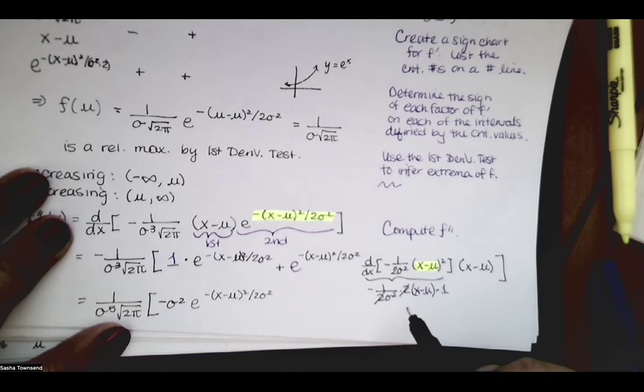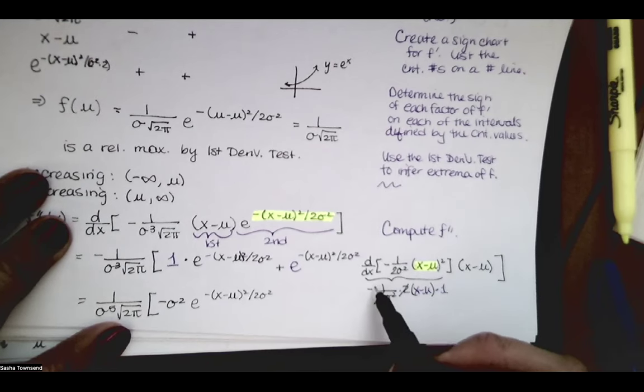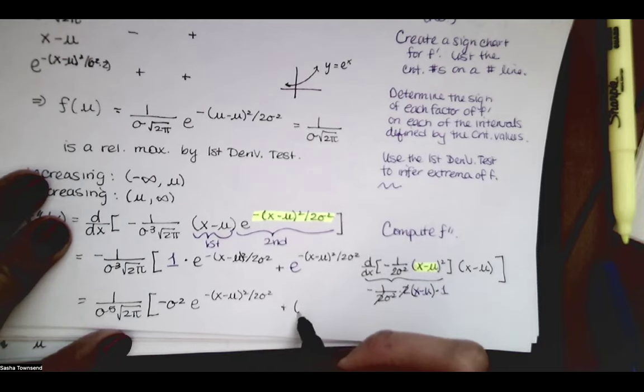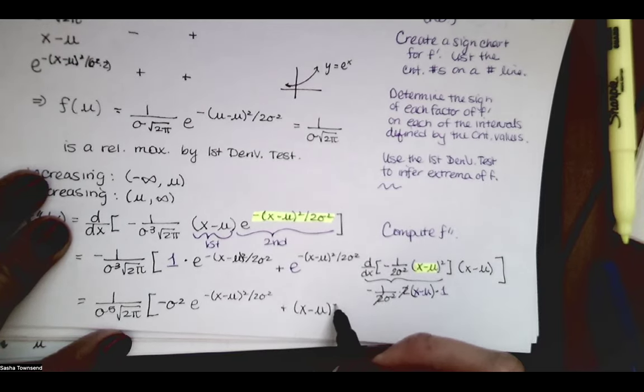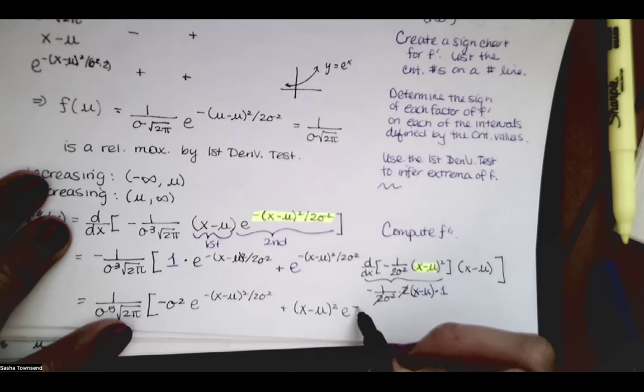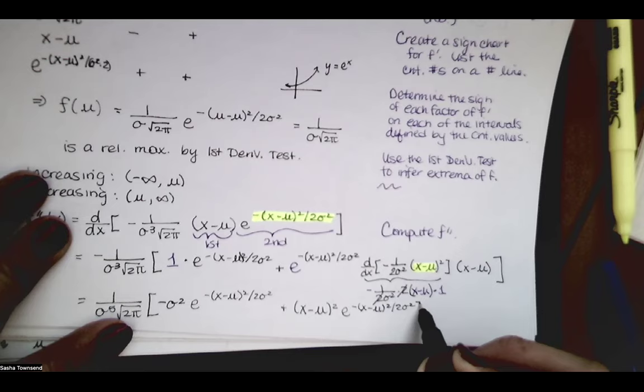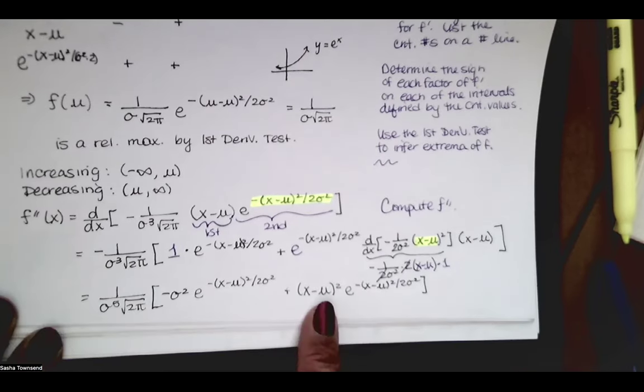And then I have that minus we factored out. So I've got an x minus mu times an x minus mu. So it's x minus mu squared times the exponential. And that's our f double prime.